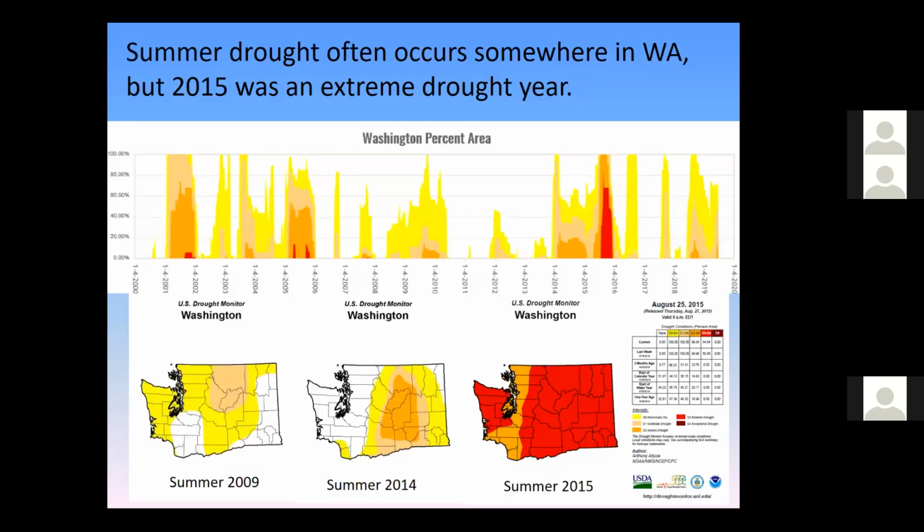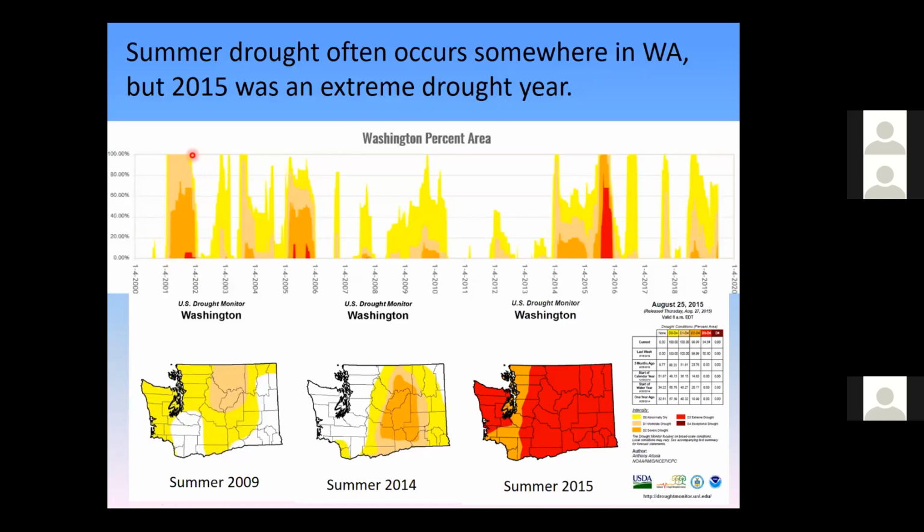And so just to reemphasize the history of this, from 2000 to 2020 is not showing on here, but you can see that this top chart is showing the percentage of the state that's experiencing some level of drought.